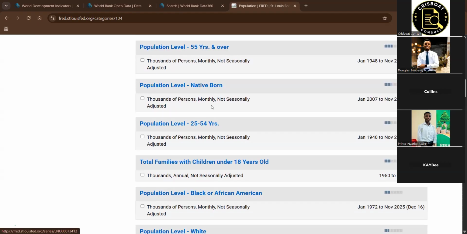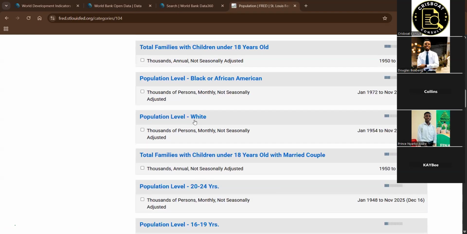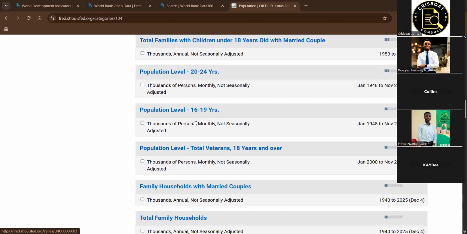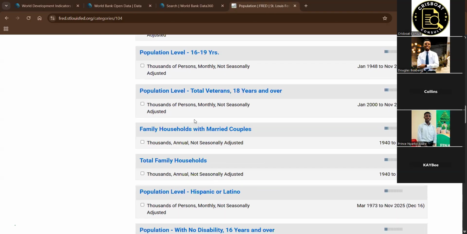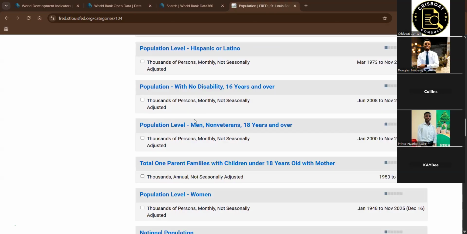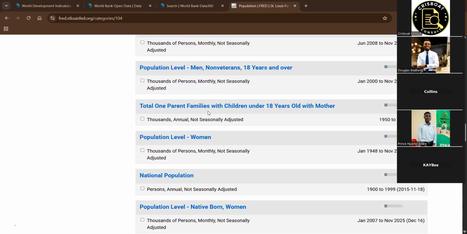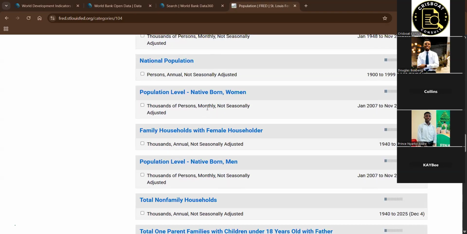If you want to write on youth, which is from 25 to 54 years, you can explore this. If you want to write a study on Hispanic or Latino women, so all different categories of the population, you can explore it.